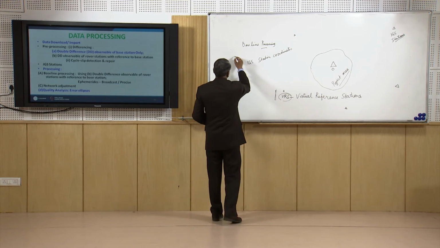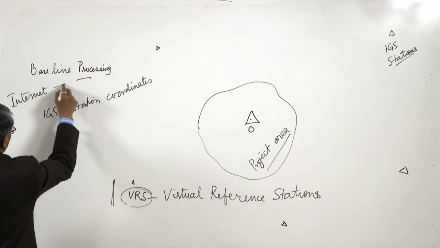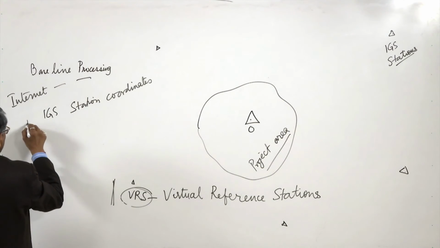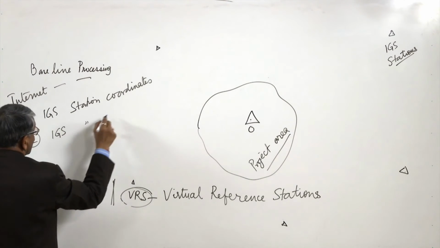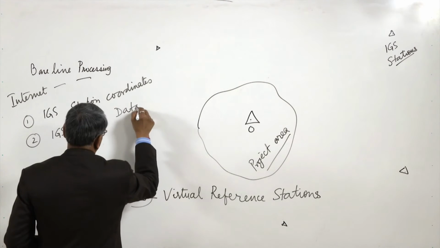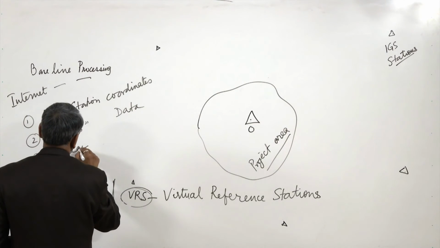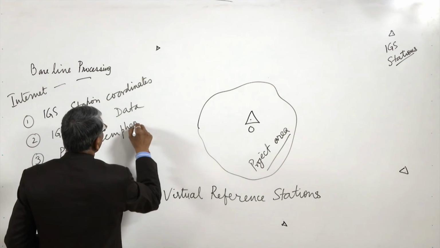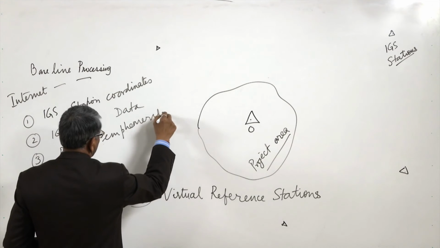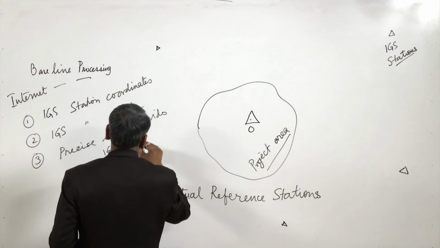So from the internet we need to know IGS station coordinates, IGS station data, then precise ephemerides of the IGS stations as well as our reference station.